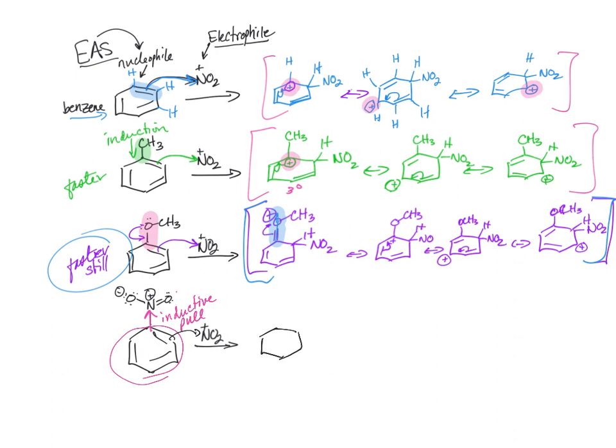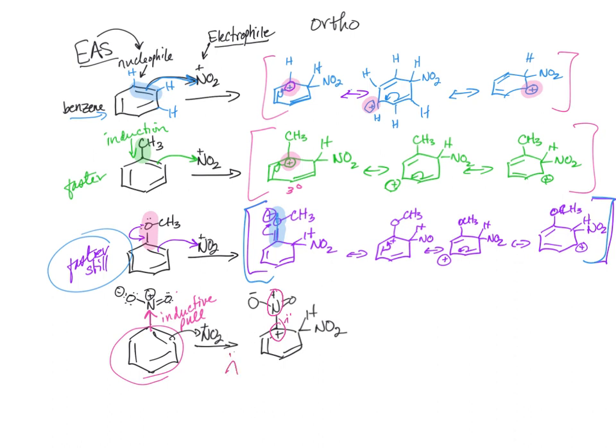So in each of these cases, of course, I've got ortho addition, right? Let's go with this one. And I'll have my H and my NO2. I'll have my plus charge here. This is my first resonance form, and this is a very unfortunate one, because in this one we put a plus charge nitrogen next to a plus charge carbon.